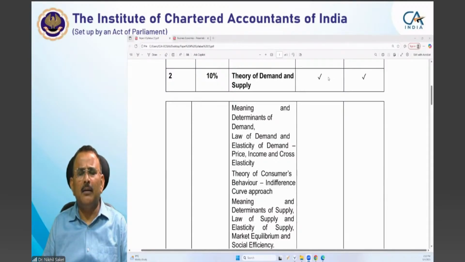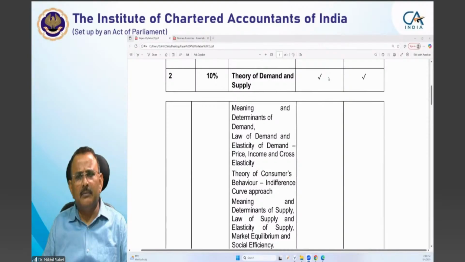Another point is that the numerical questions which have been coming from these units are very simplistic in nature, and generally they are based on the formula of a particular elasticity. So if you know the formula correctly, you will definitely be able to solve all these questions.